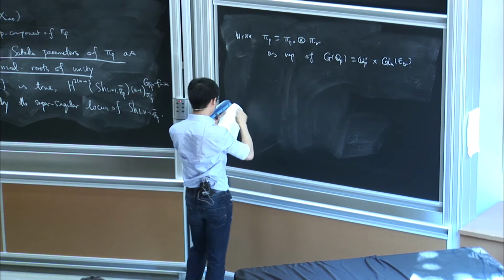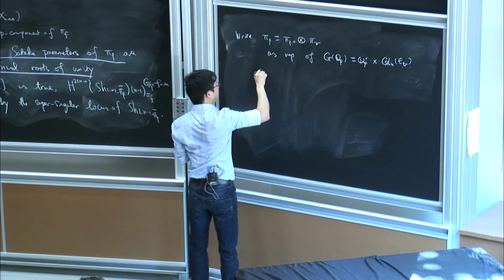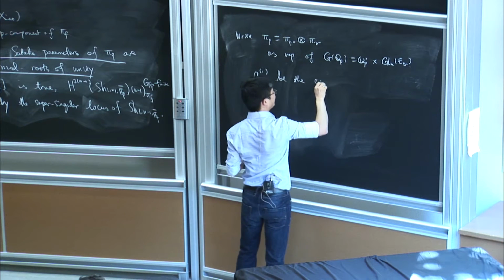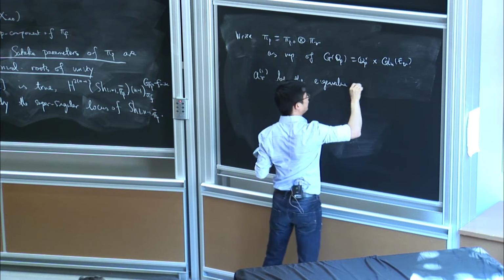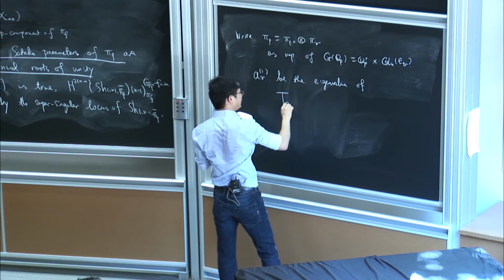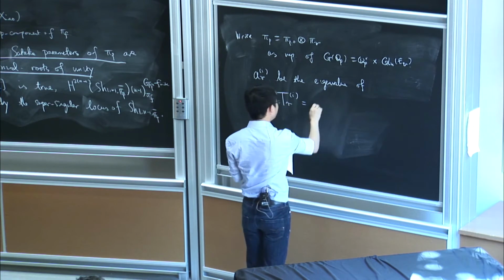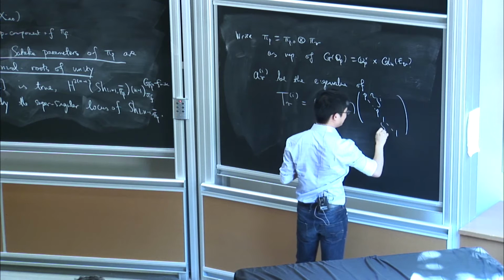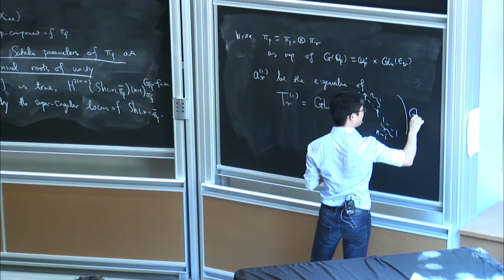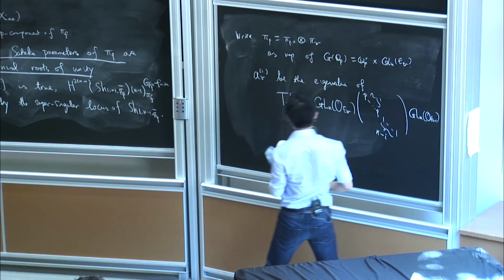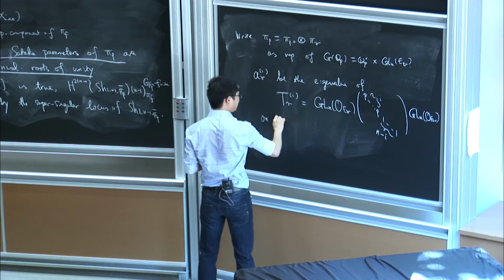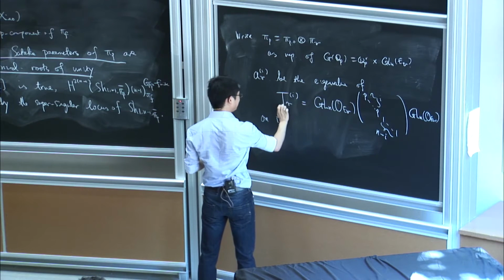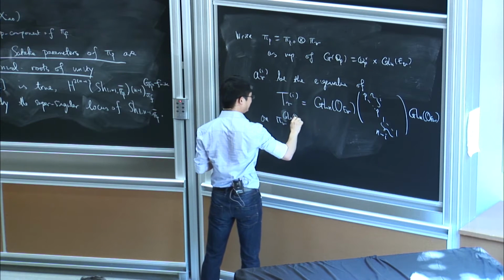Okay, and let a_i(pi v) be the eigenvalue of the standard minuscule Hecke operator, so this is going to be p^i times 1_{n-i}, on this pi v k, let's say GL_n(O_v).